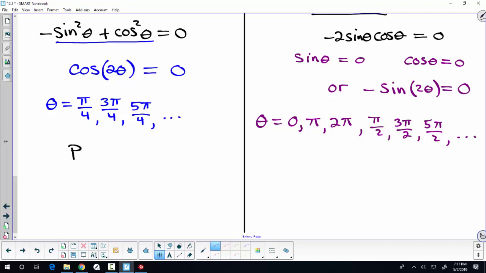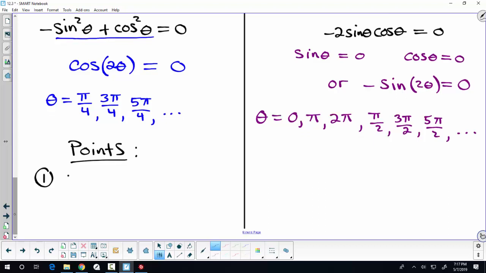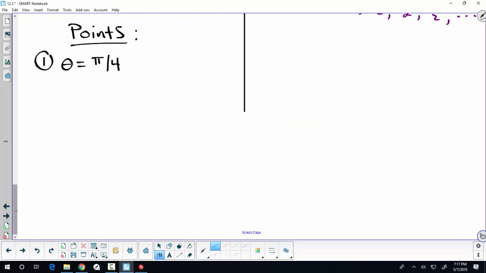So points when theta equals pi over 4. You can make a chart if you want, or just plug in each individual one.